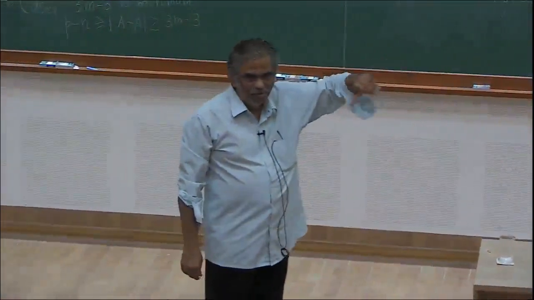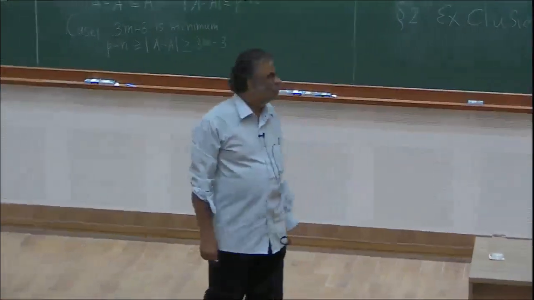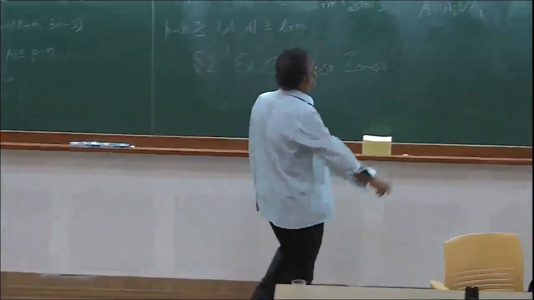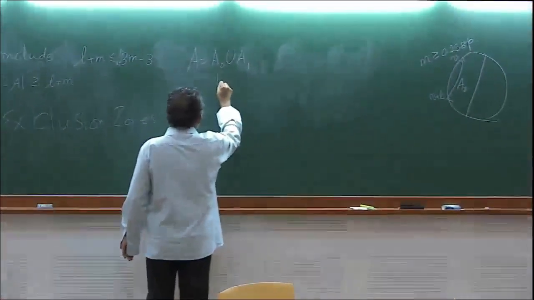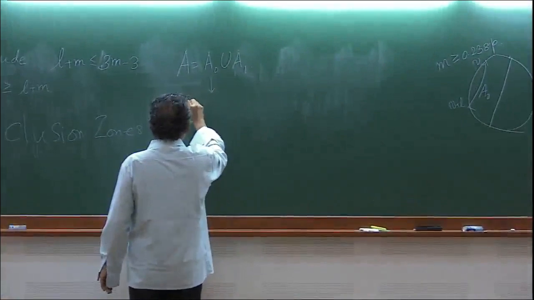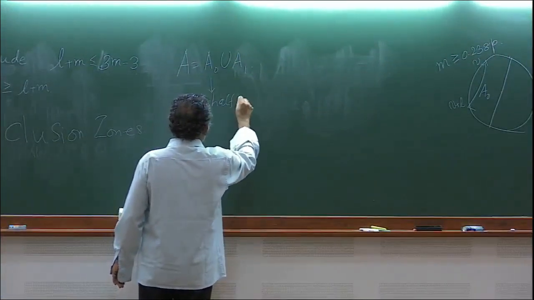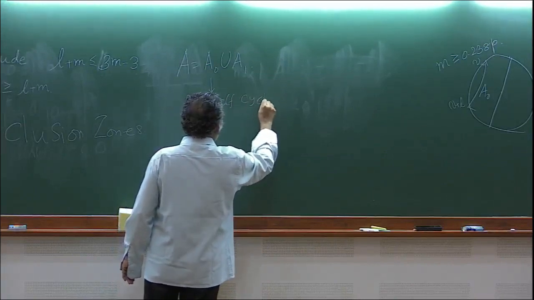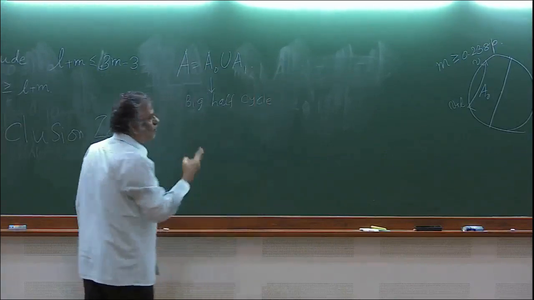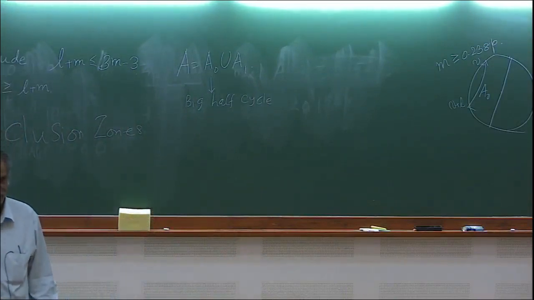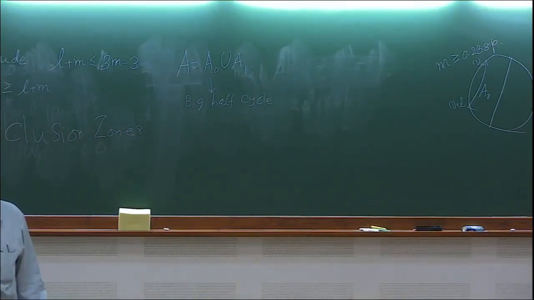That is going to be between -0.318 and this. Therefore, let's write A0 union A1, where A0 is the part in the big half circle. Of course, when you say half circle, there cannot be a big half circle and a small half circle. But by big half circle, I mean that half circle which has a lot of elements, and a small half circle is one which has a few elements.